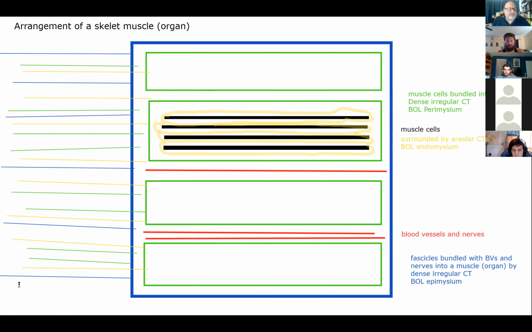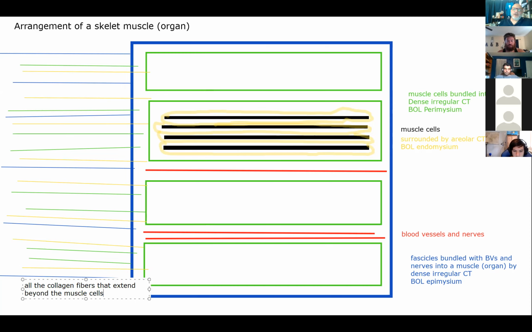Notice all of these collagen fibers that extend beyond muscle cells kind of all become fairly parallel in their orientation.